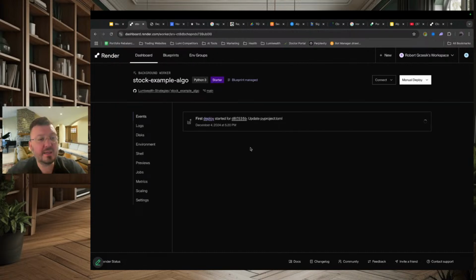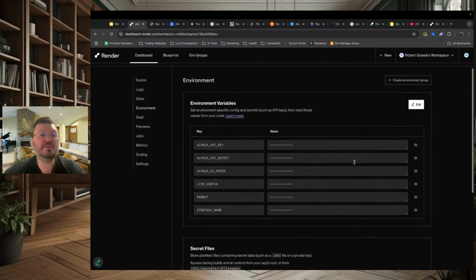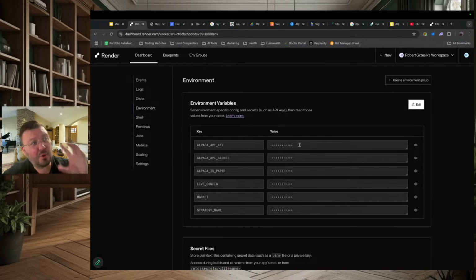When you do that, you now see a bunch of different things on the left-hand corner, one of which is environment. That's basically what we need to fill in. So click on environment, and now you see here we have environment variables. These are what we need to fill in. This is the bulk of the work here. Everything else, you're just opening up accounts. This is where you actually need to link this thing.